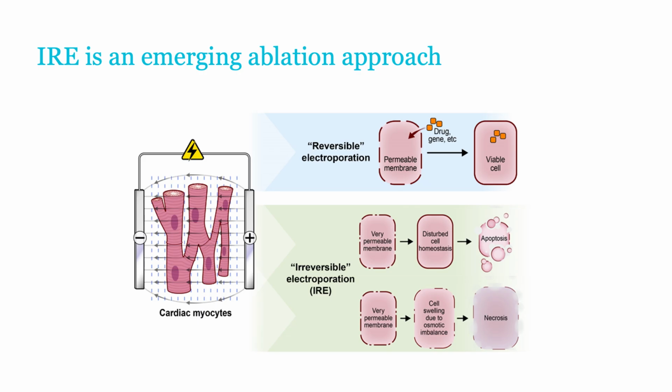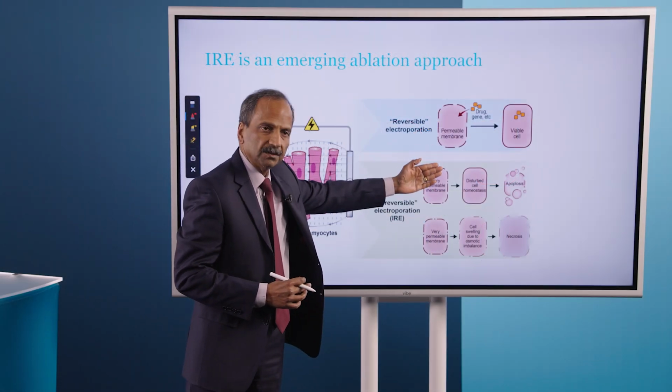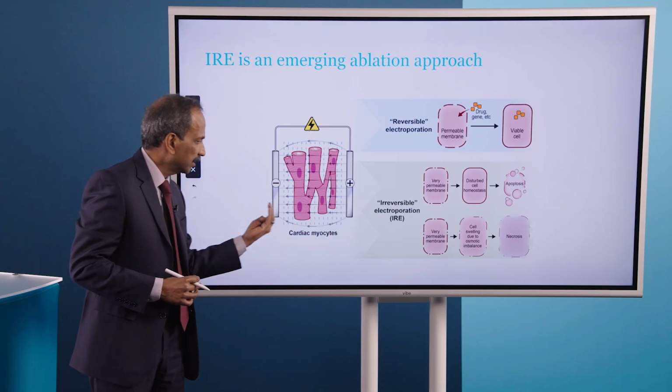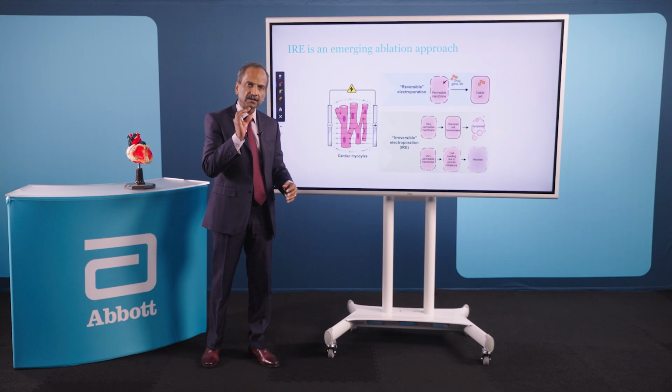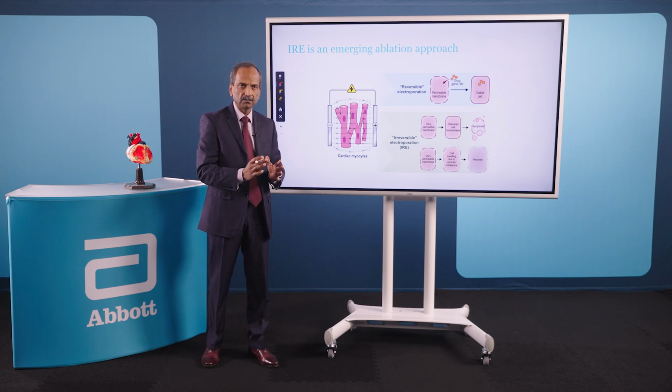Now, with pulsed field ablation, irreversible electroporation, the actual cell disturbance and death are as a result of the electrical field. The electrical field, albeit a pulsed field, is never around one type of tissue alone.